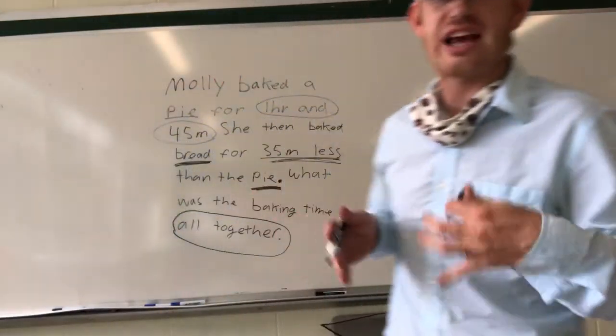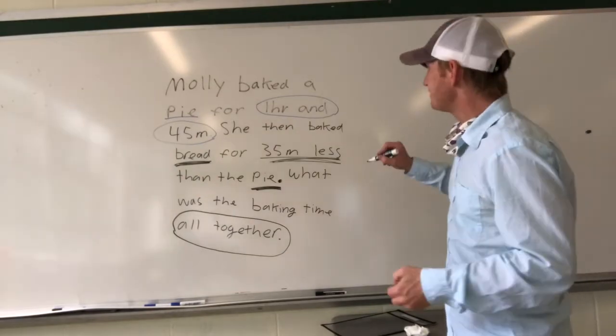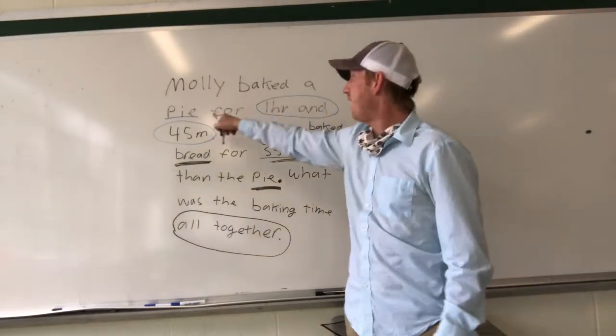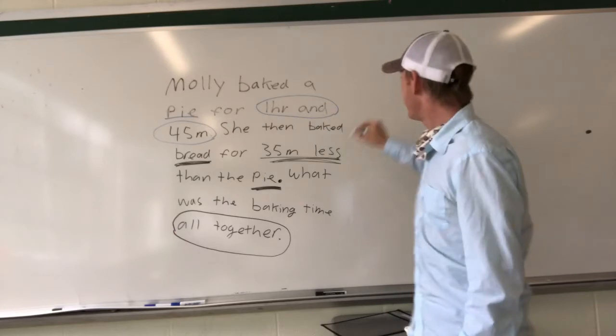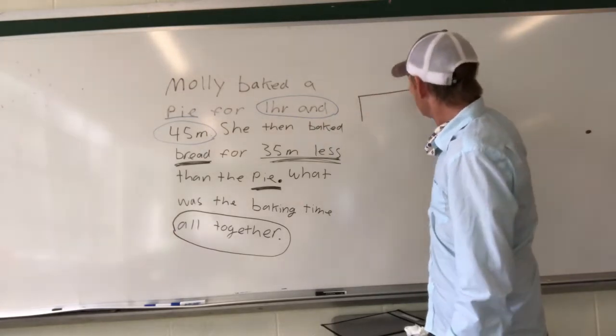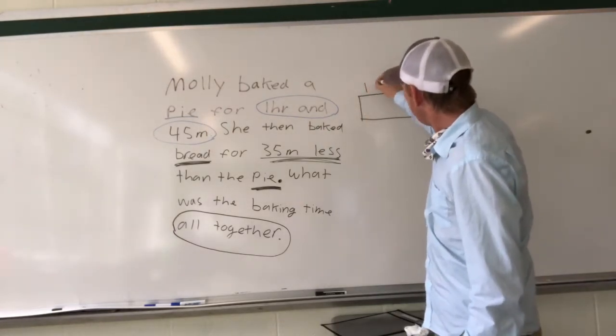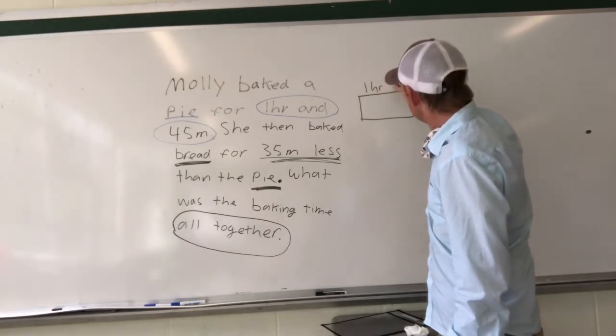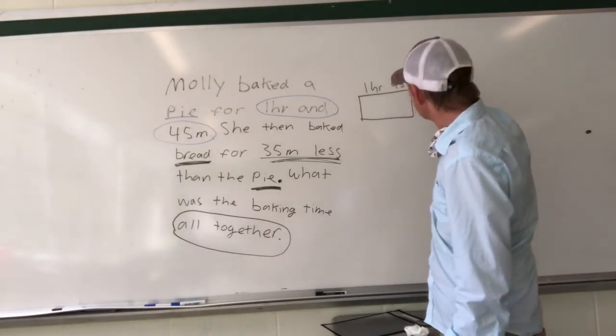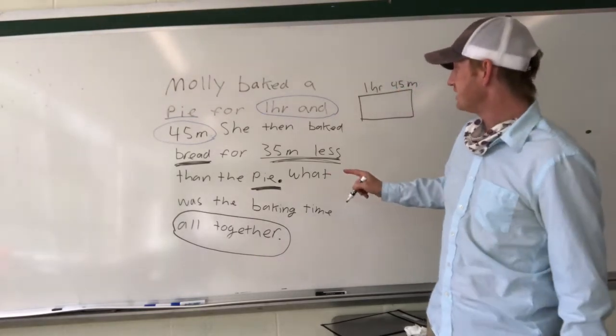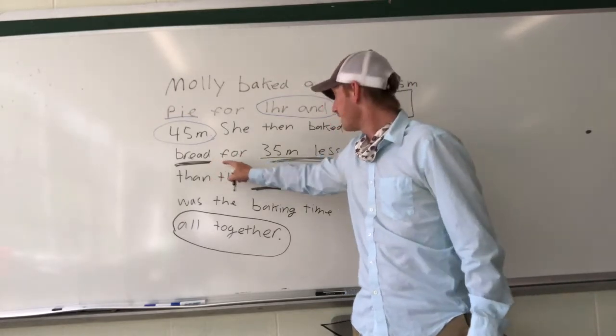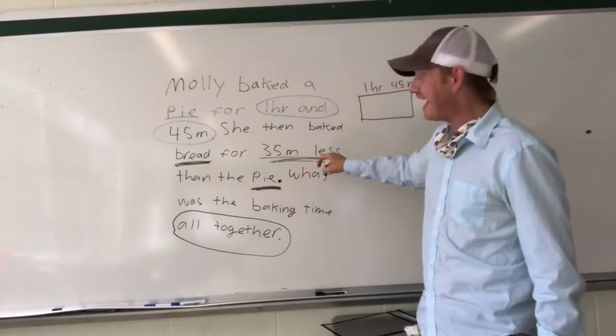So if we write this down on the board, we can see it as Molly baked a pie for 1 hour and 45 minutes. And we can see that the bread is 35 minutes less.